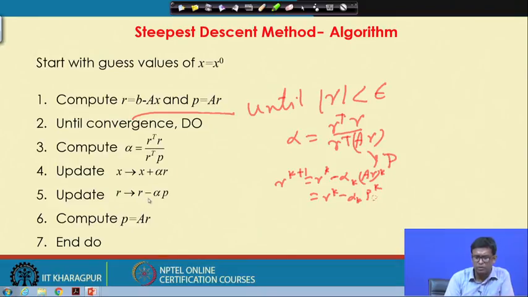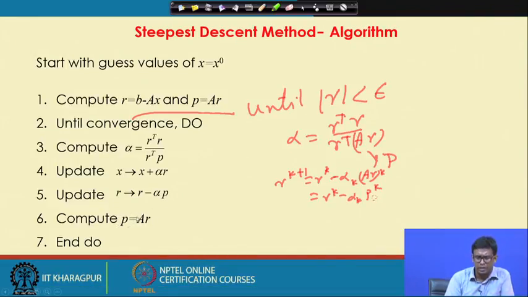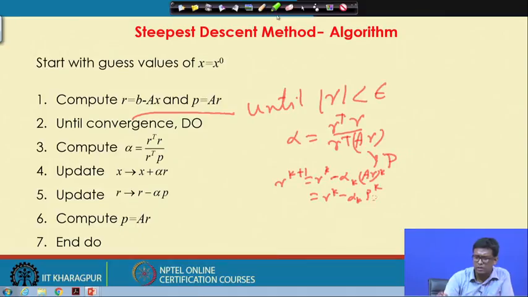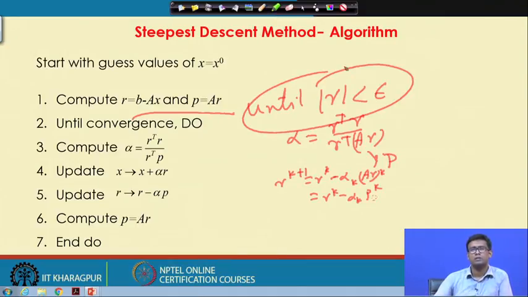So, update r is equal to r minus alpha p, compute p is equal to A r, and then if the convergence is not achieved, you again come back here, and with the new value of p compute alpha, update x, update r, and repeat this loop until you see that mod r is less than epsilon, or convergence has been achieved.